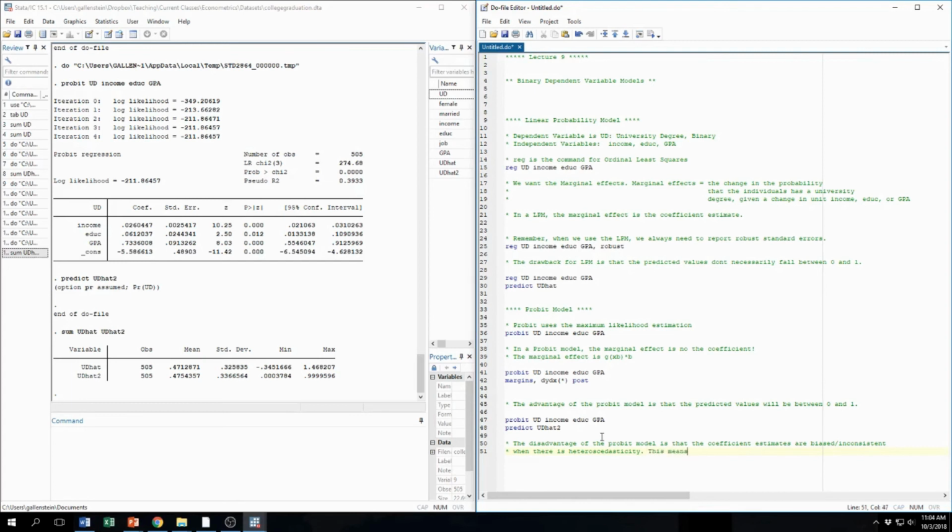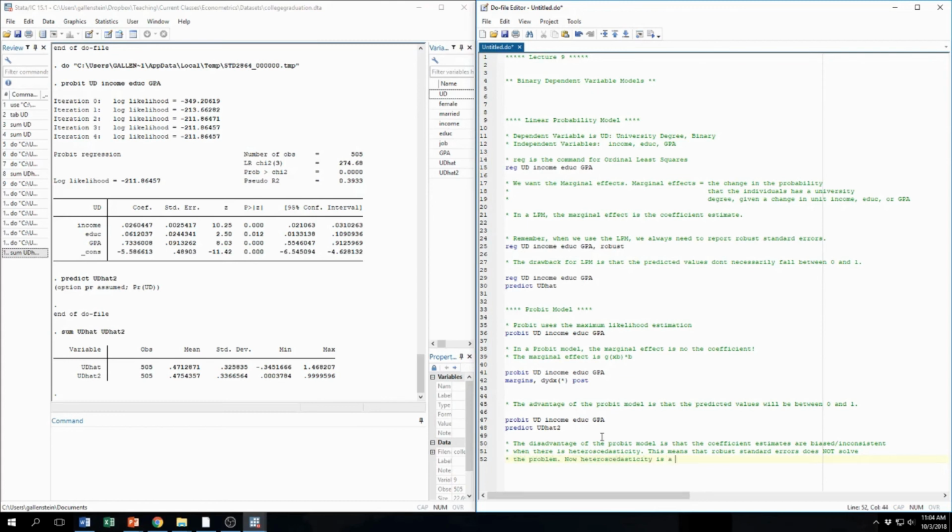This means that robust standard errors do not solve the problem.